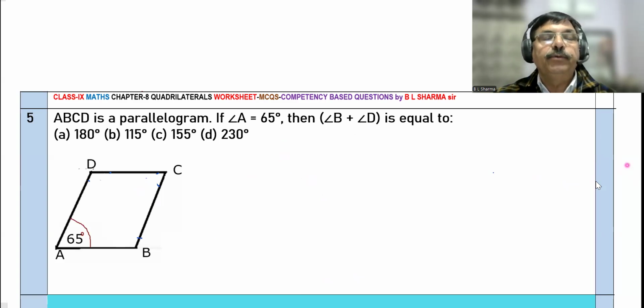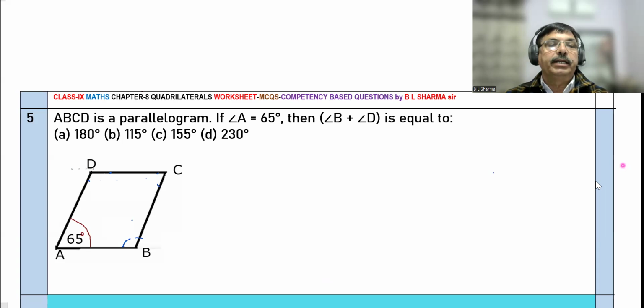It is already given. We know that opposite angles of a parallelogram are equal, and sum of interior angles of a parallelogram, their sum is 180 degree. So angle A plus B, their sum will be 180 degree. A is 65 degree, so B is equal to 115 degree.